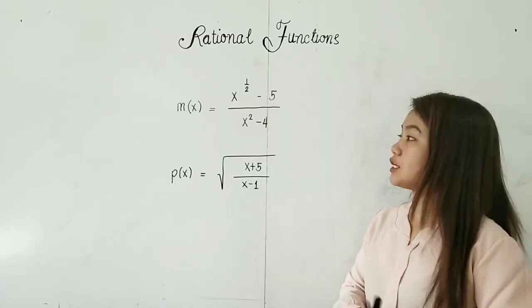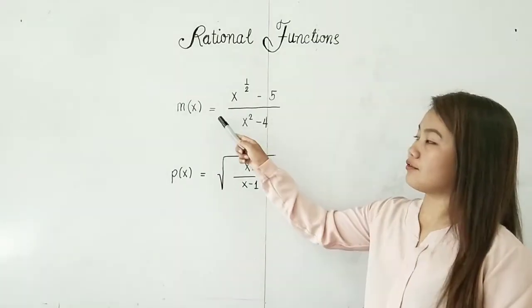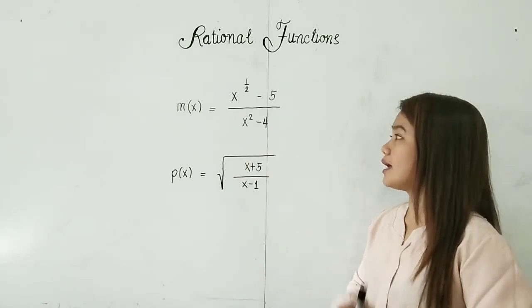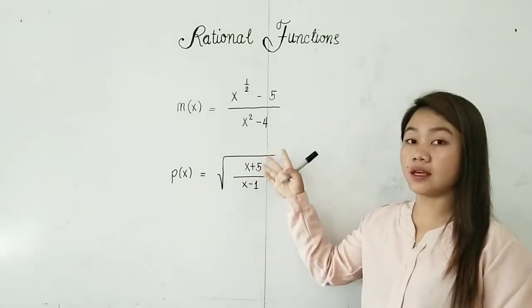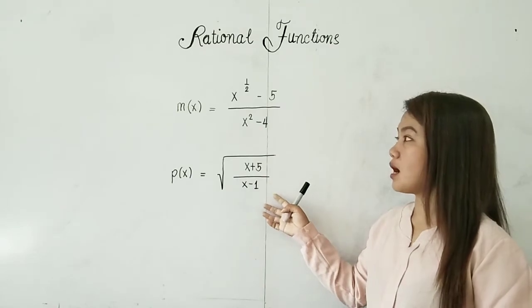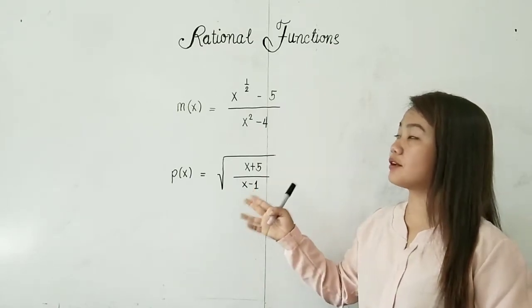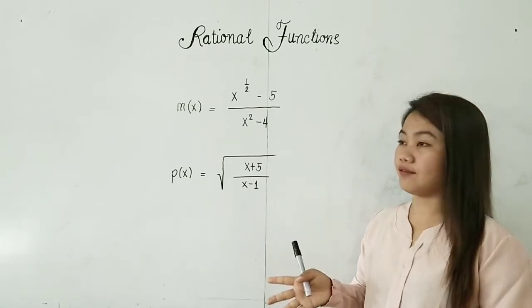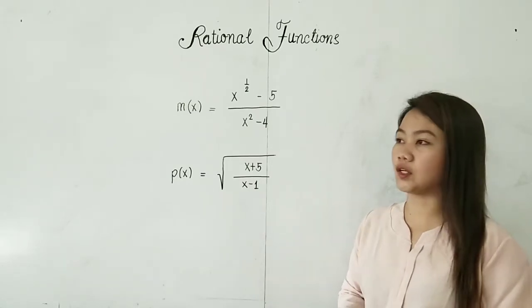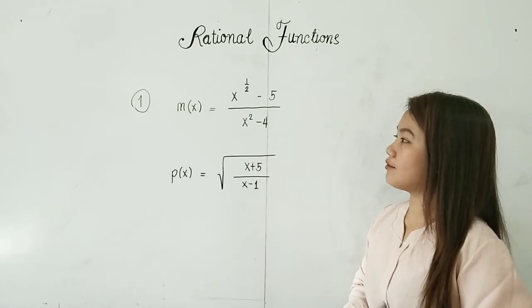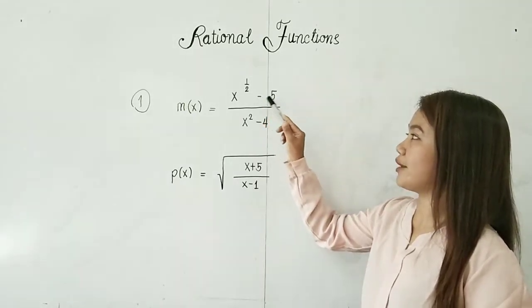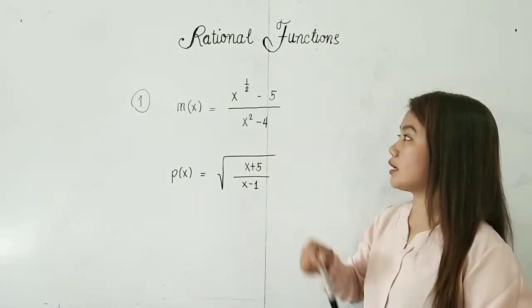So we have another 2 examples here, the function m of x and the function p of x. So let us identify if these 2 given functions are examples of rational function or not by using the definition of a rational function. Number 1, we have m of x is equal to x raised to 1/2 minus 5 over x squared minus 4.